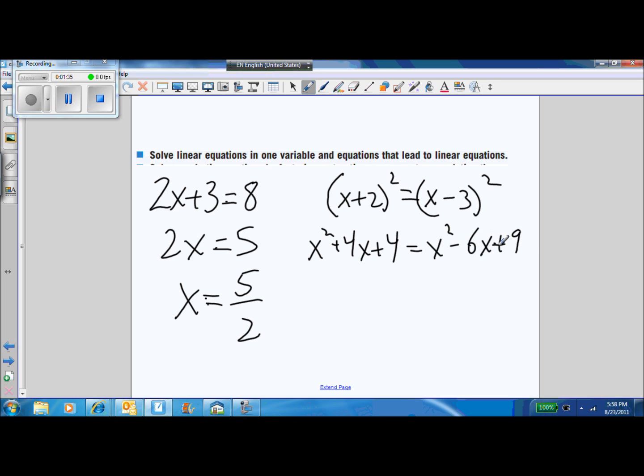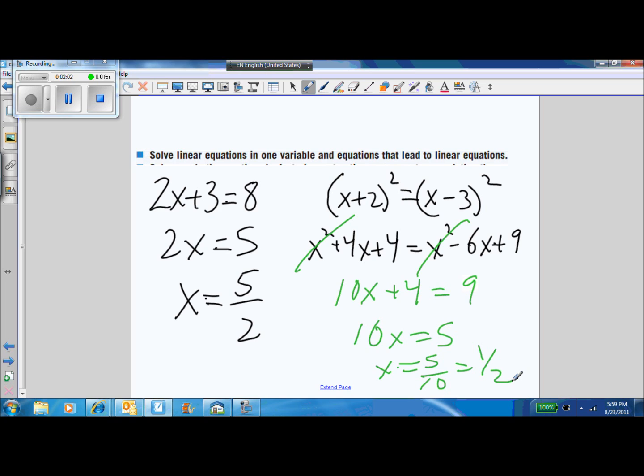And now we see that the squaring parts cancel out, so you really only have a linear equation now. We add 6x to both sides to get 10x plus 4 equals 9. Subtract the 4 from both sides to get 10x equals 5. And so x equals 5 tenths, which is 1/2. Okay?